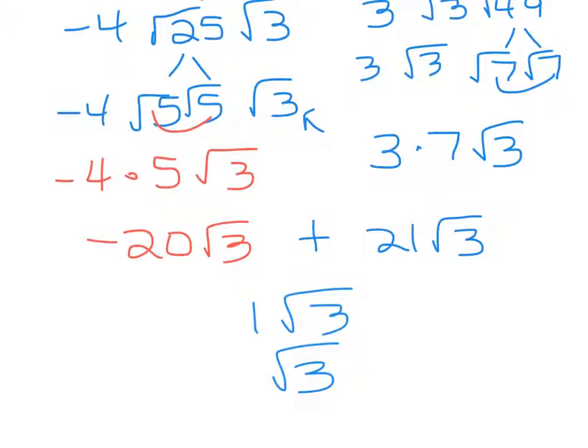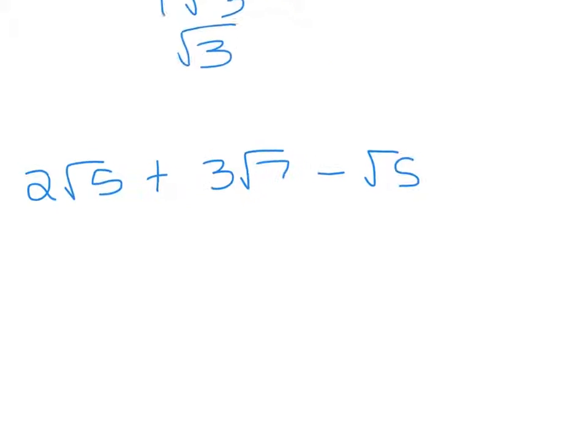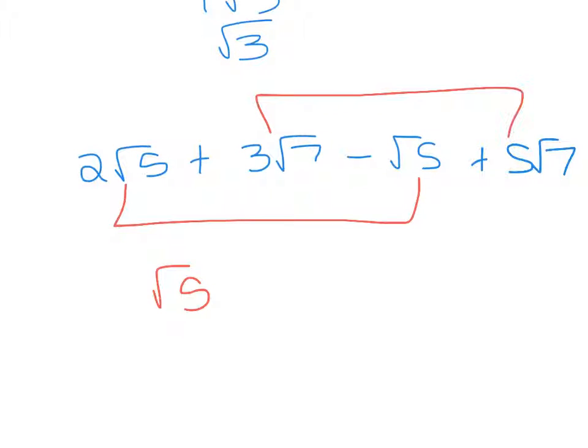So you're going to have to break down some of the radicals. Also remember, you could have more than 1 square root in your answer. So for example, if I ask you to add 2 square root 5 plus 3 square root 7 minus square root 5 plus 5 square root 7, you can add these guys, or subtract actually, and just get square root 5, and then add these two and get 8 square root 7.